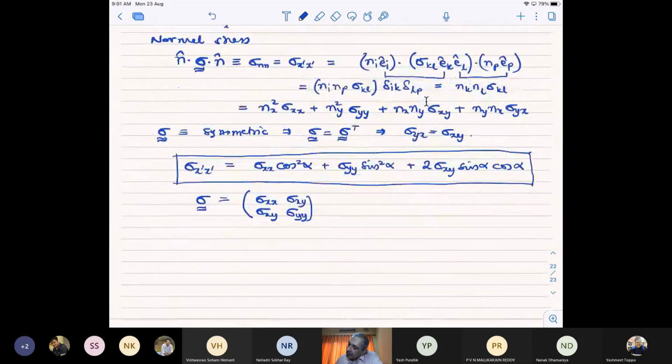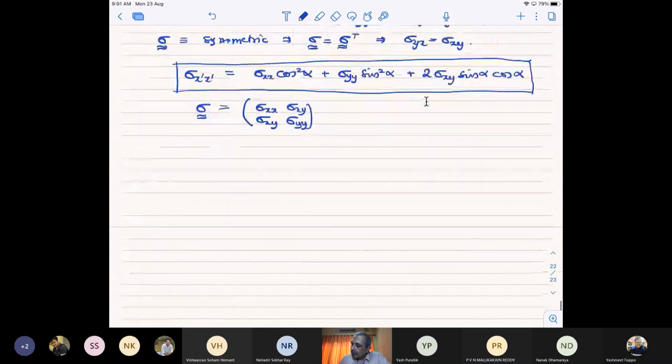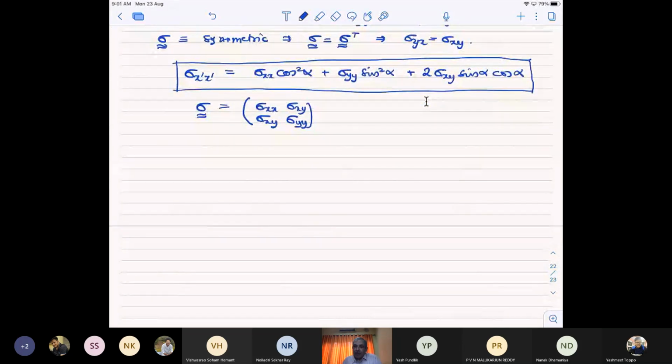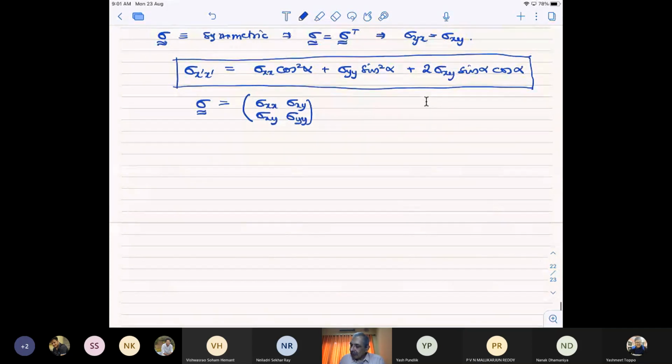So this essentially tells us how the normal force will vary in the system. And as alpha changes, you can see sigma_x'x' will change. And when alpha is equal to 0, you'll see that sigma_x'x' is equal to sigma_xx, because this term will be 0 and this will also be 0.